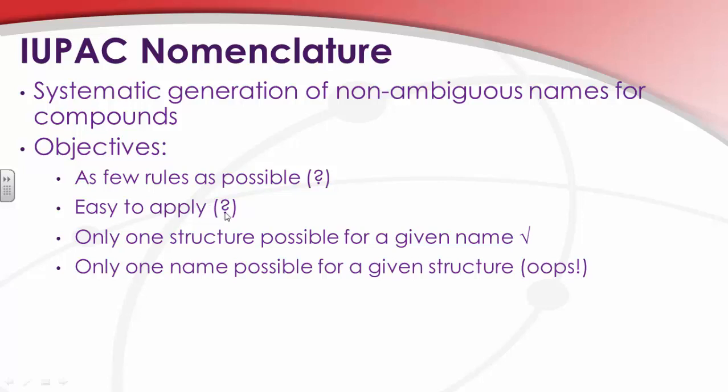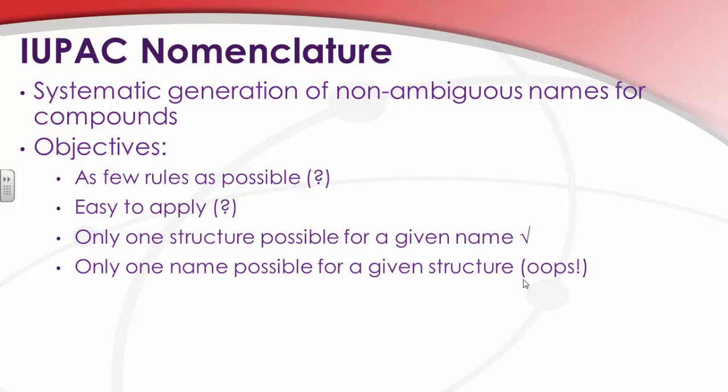And they wanted to have it easy to apply. You can argue, certainly as you learn about it, you can decide for yourselves how well they did with that part. And then the last thing that they would like to see is that there be only one name possible for a given structure. And in fact, the IUPAC rules fall apart pretty well around that objective.